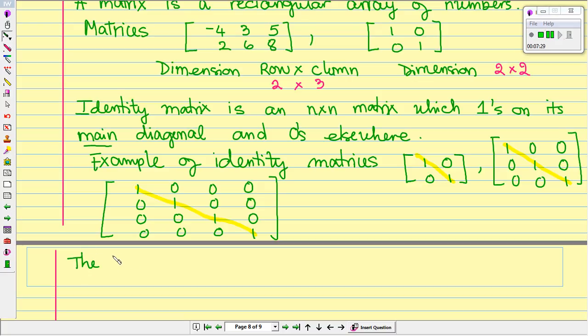So what is the definition for us? The augmented matrix for the system of linear equations.